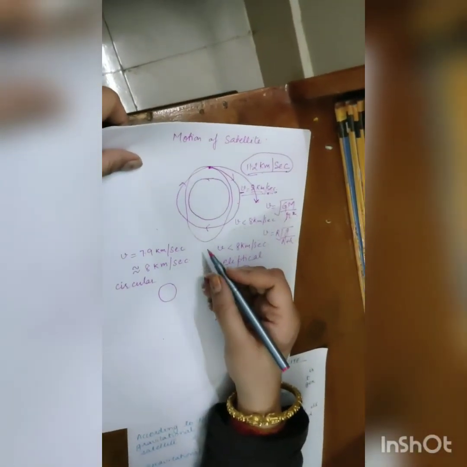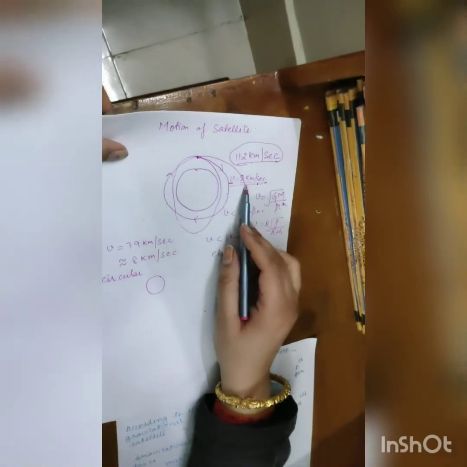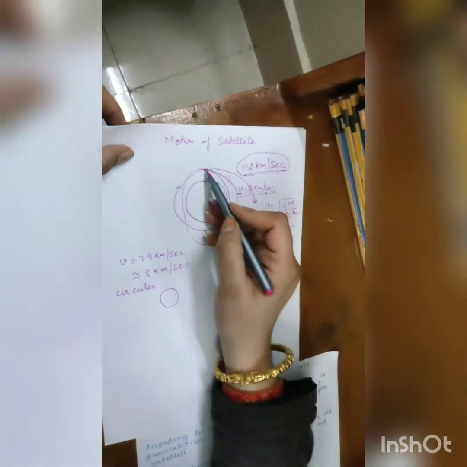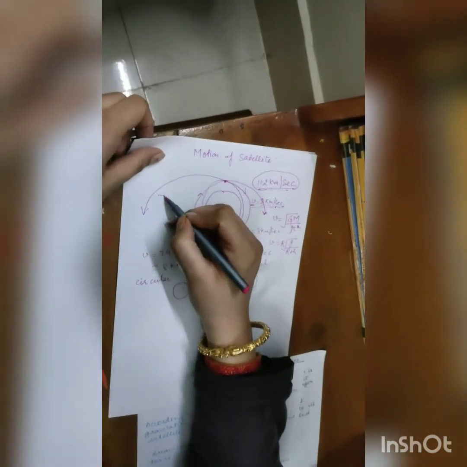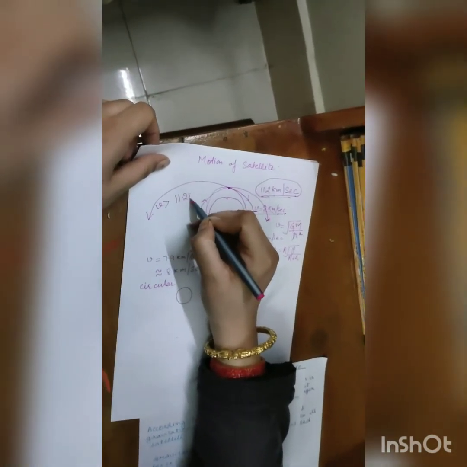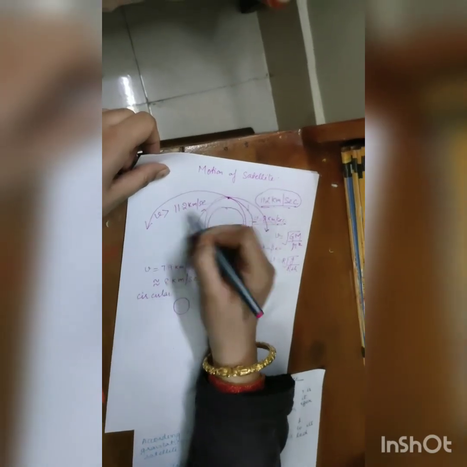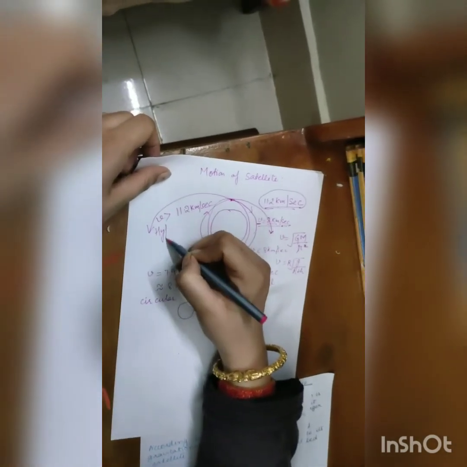And if the speed of the satellite is even more than 11.2 km per second, then the satellite follows a hyperbolic path. If v is greater than 11.2 km per second, then the satellite follows a hyperbolic path.